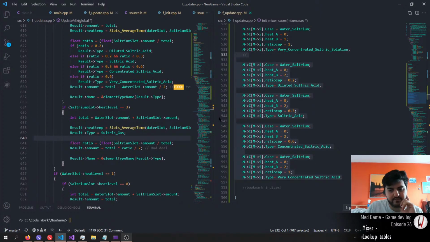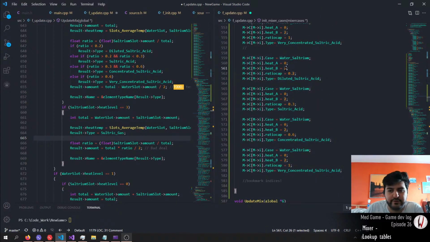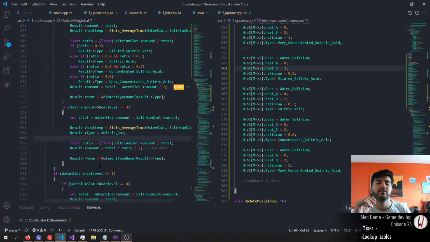Okay, so here we have a case where it's 3. What happens when there is no ratio cap? Like, what if filtering gas, for example?